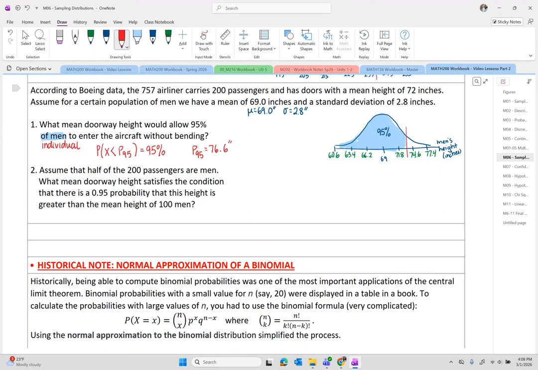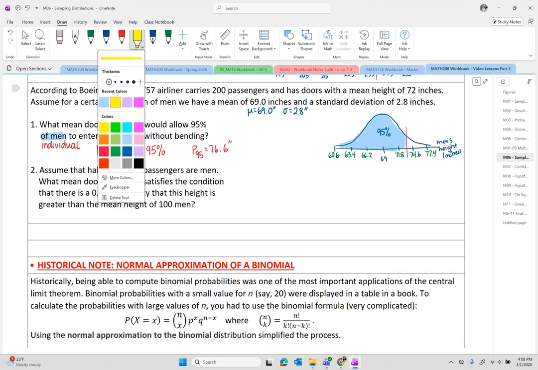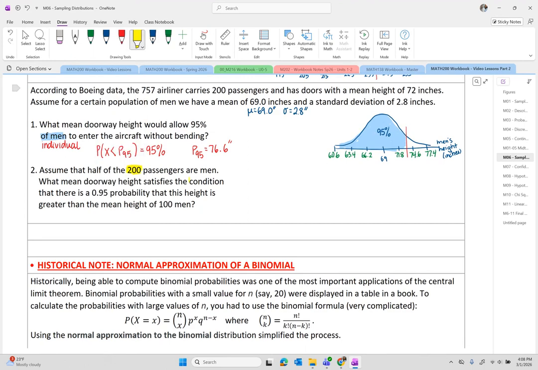The next question says that we now have a sample, and our sample has 200 men. Well, actually, we have 200 passengers, but the men are 100. So half of the 200 will be men.